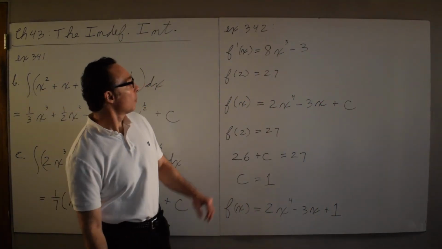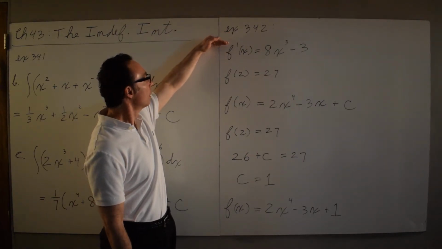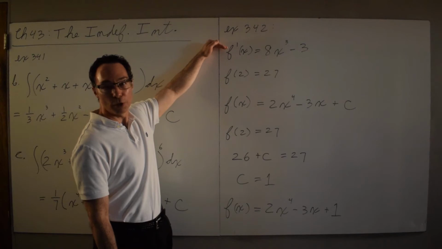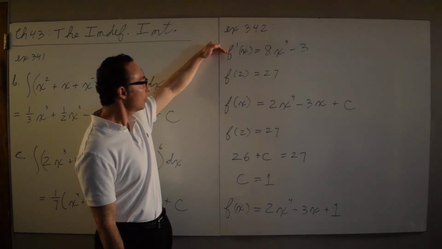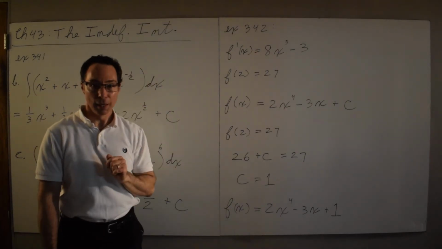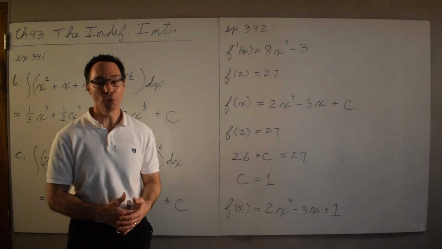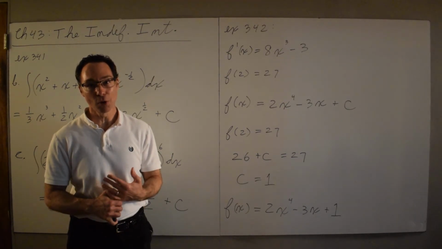The last example we're going to look at is example 342. We're told two things about our function: the derivative and a function value, and we want to find the function. And as I've been indicating, several times in the last few videos, antiderivatives are not unique.